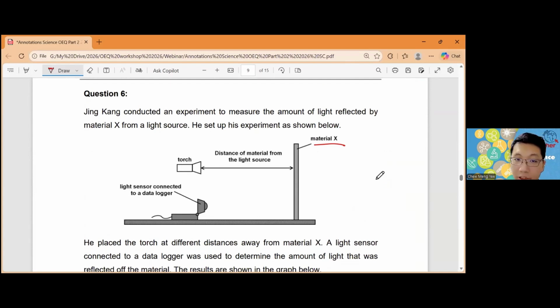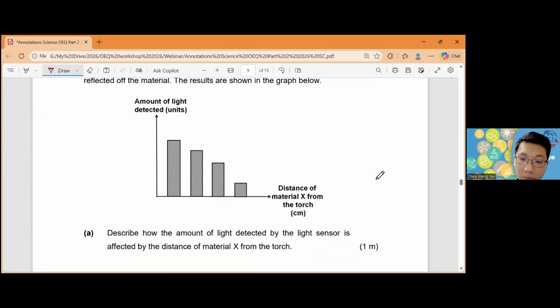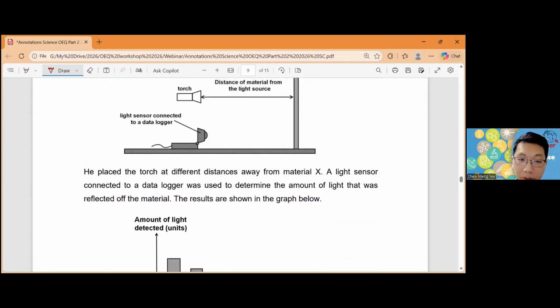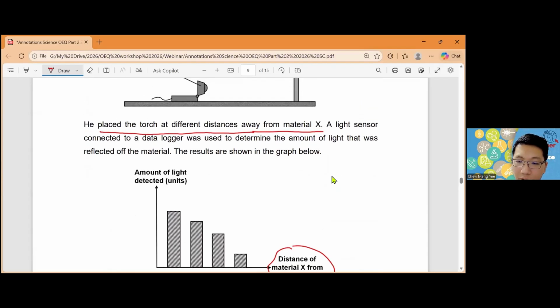Now, what is the change variable? From the question here, you can see he placed the torch at different distances away from X. From the graph, distance of X from the torch. So these are the changed variable. They are the same thing.